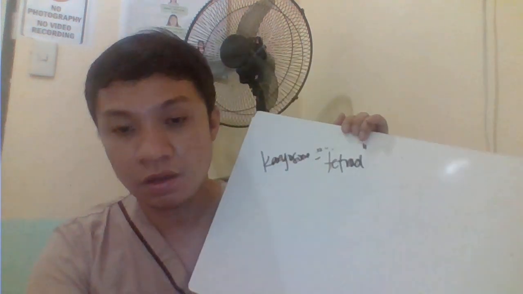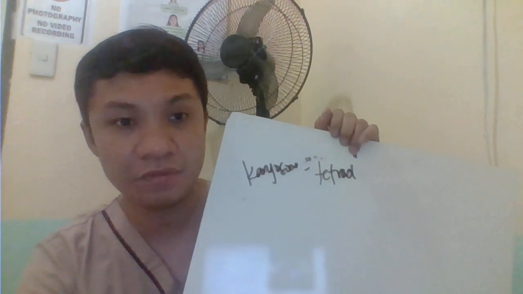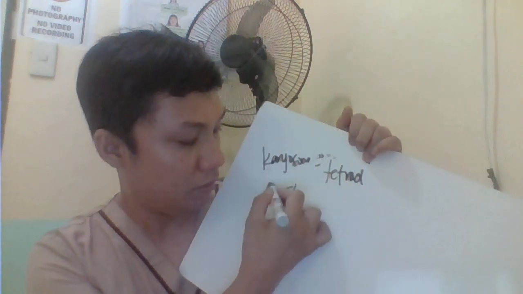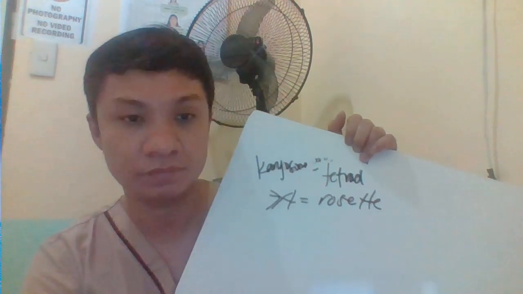For the description of Dientamoeba fragilis, basically that one will have the karyosome usually arranged in 4. Pag arranged in 4, you call that the tetrad. Pag more than 4, it assumes a rosette formation.